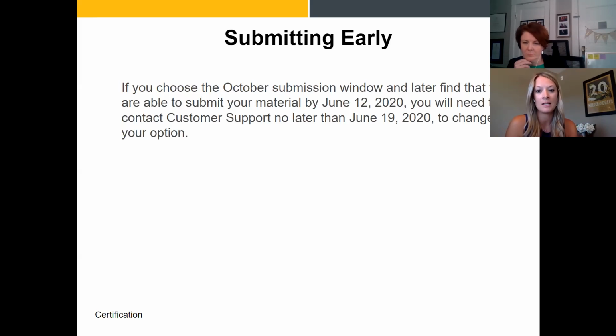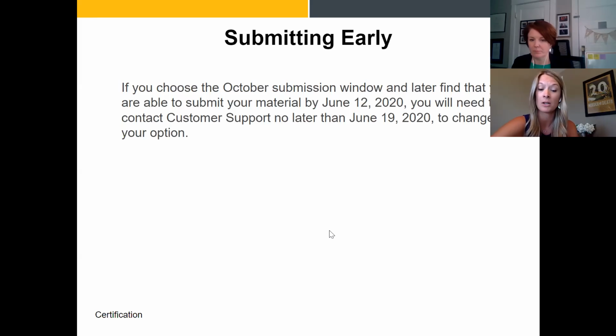Just make sure to contact customer support no later than June 19th, which is 7 days following that date, to make sure that we're aware of the option that you're choosing. And the reason that that's important, if you want to move forward with submitting early, is that we know of your choice to go ahead and pull all of your materials, that we can forward those to our assessors, that we make sure that we are understanding the option that you want to sit with.